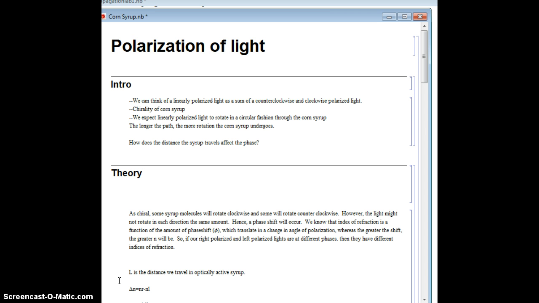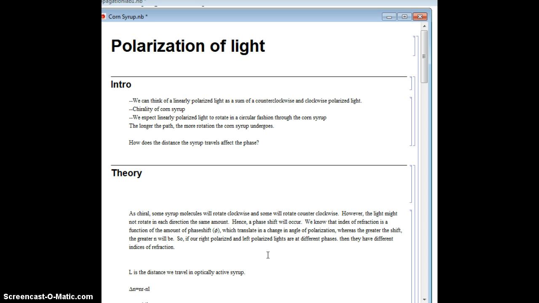If the right circular is shifting at a different level than the left circular, we're going to have a difference in index of refraction between those two types of molecules, which is really interesting, the fact that we can have that within a single substance.